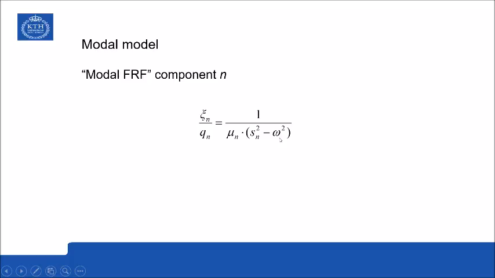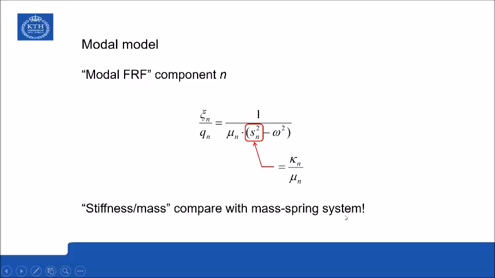And the eigenvalue is of course the modal stiffness over the modal mass. If we compare this with an ordinary mechanical mass-spring system with stiffness K and mass M, we see that this is equivalent to a single degree of freedom mass-spring system with eigen-angular frequency given by K over M.